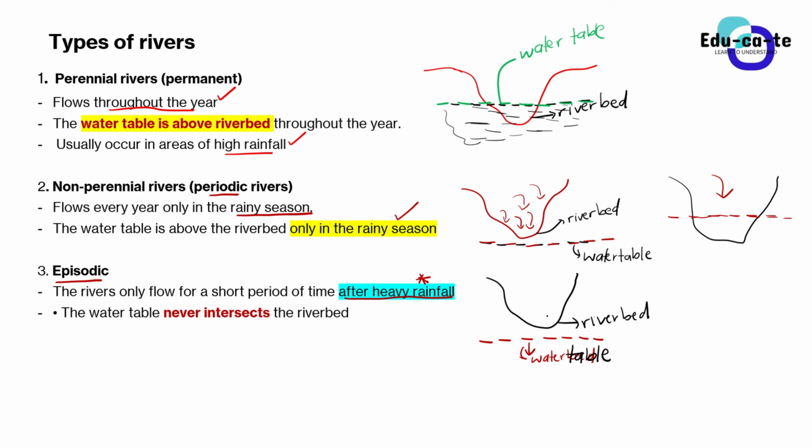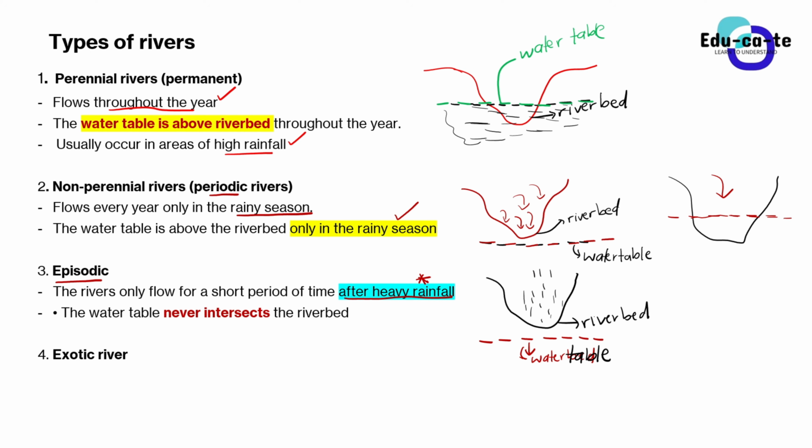It never meets or intersects with the riverbed. So for all episodic rivers, the water table is always below, because this river only flows due to heavy rainfall. So the heavy rainfall that comes from the rain will actually be the one that is flowing, not the water from the water table. I hope that makes sense.